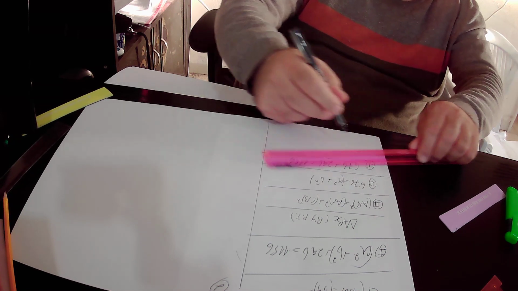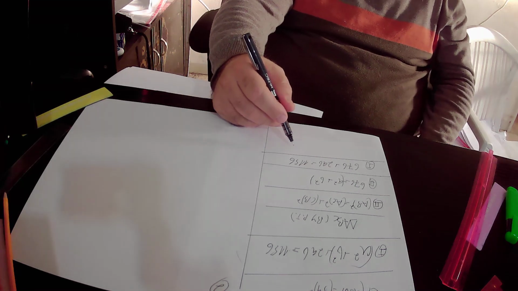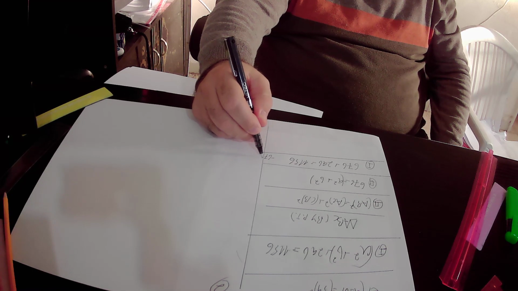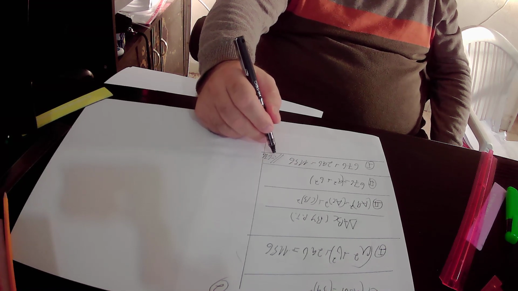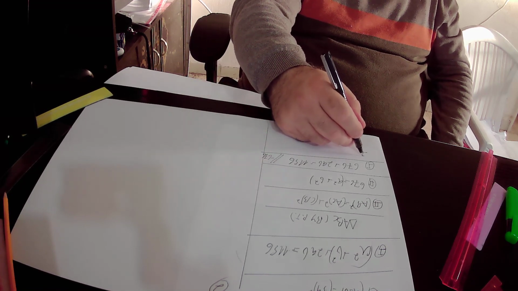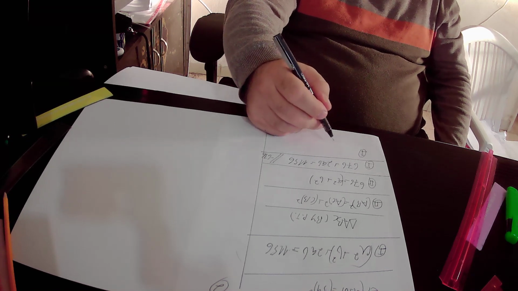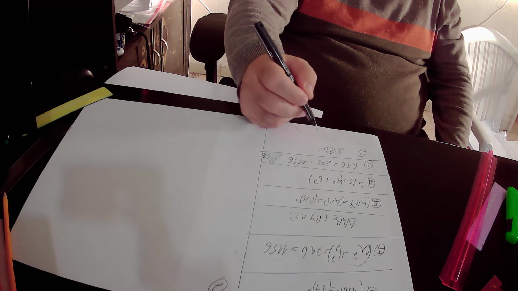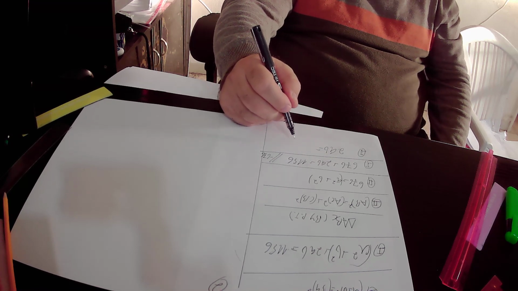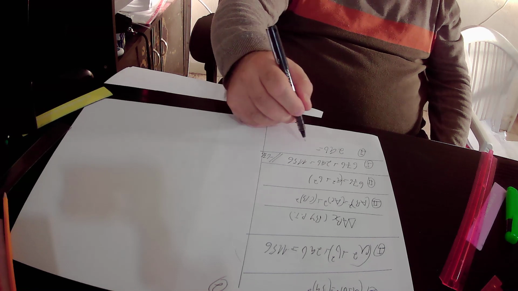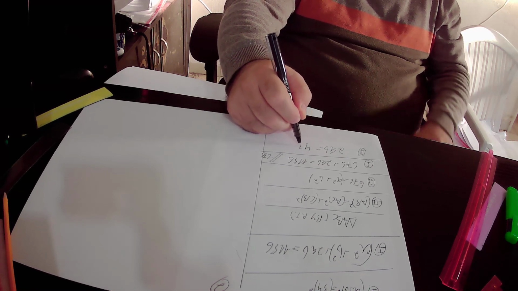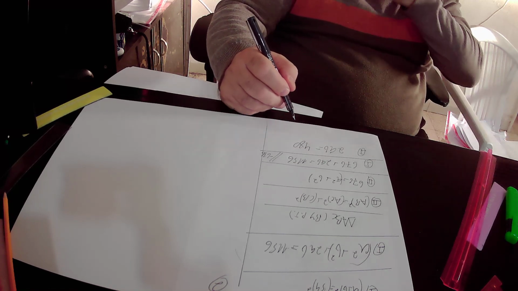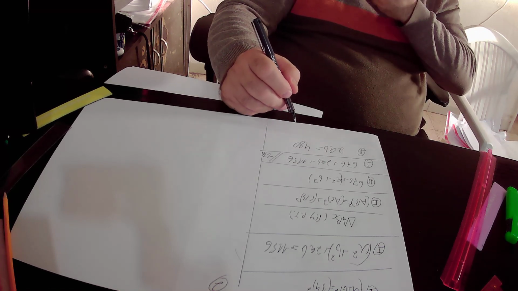So according to equation number 1, 676 plus 2 times AB equals 1156. Here we'll subtract 676 from this equation, and we get that 2 times AB equals 1156 minus 676, which is 480.